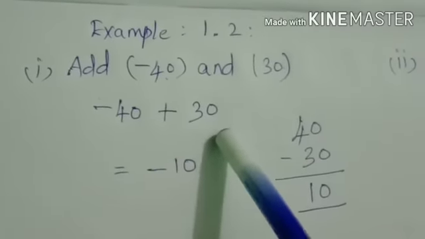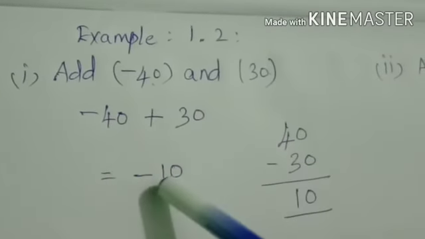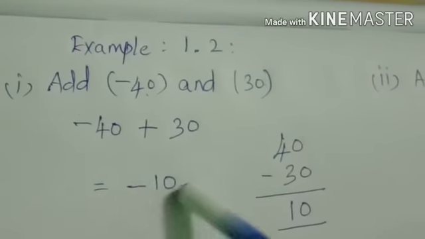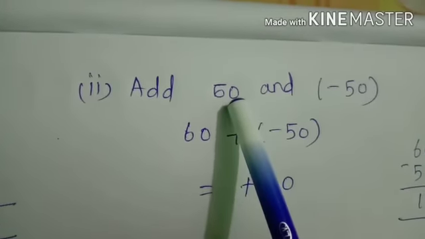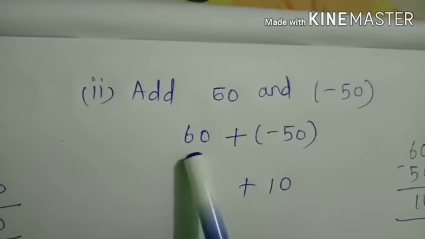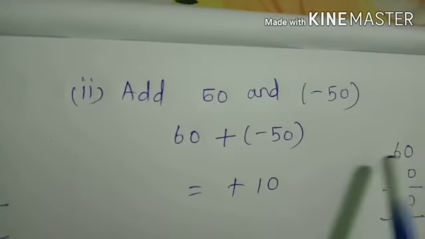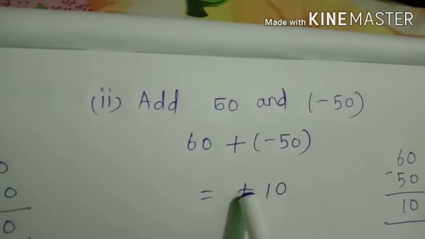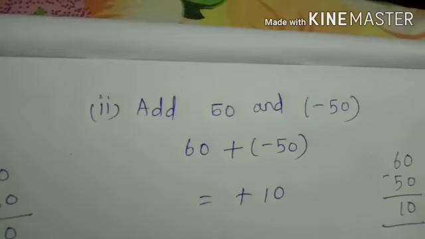So we have to take the difference of these two and put the sign of the larger value, that is -10. Here in this example, adding 60 and -50. Here these two integers are of different signs. So we have to take the difference of these two values, that is 10, and put the sign of the larger value, that is +10.